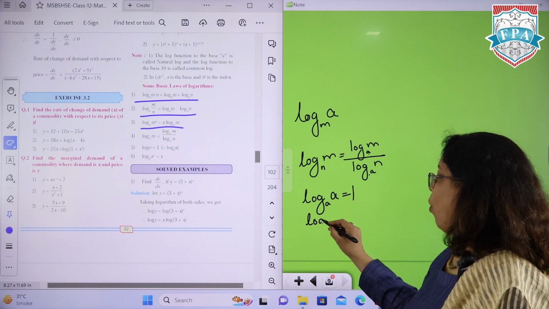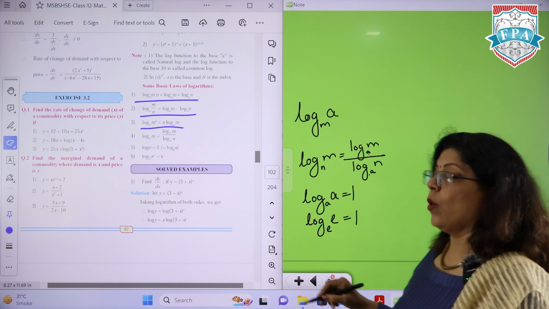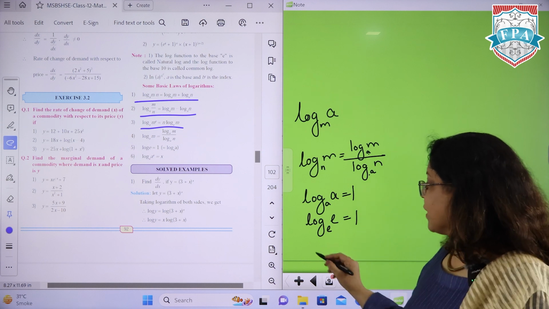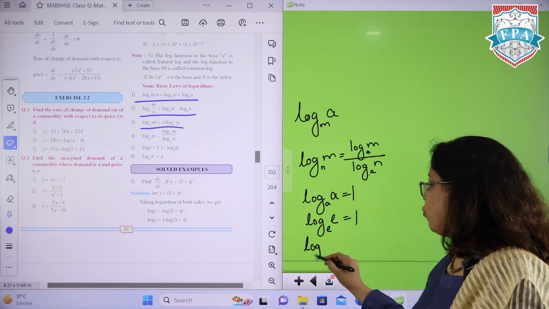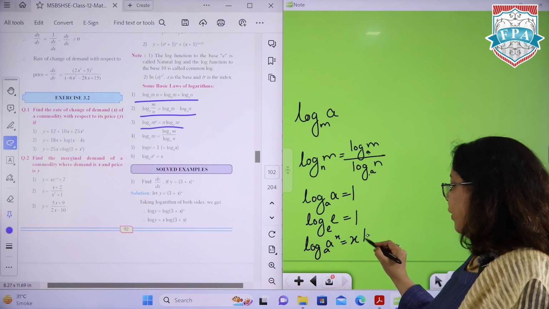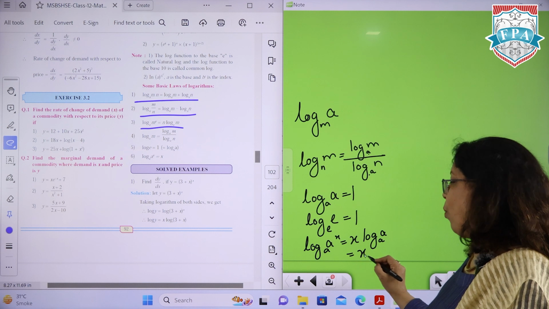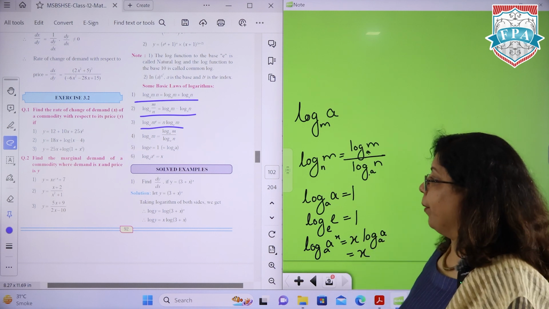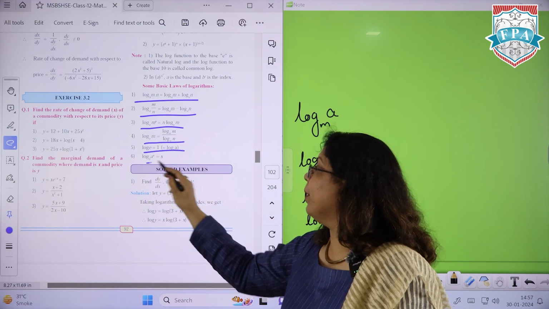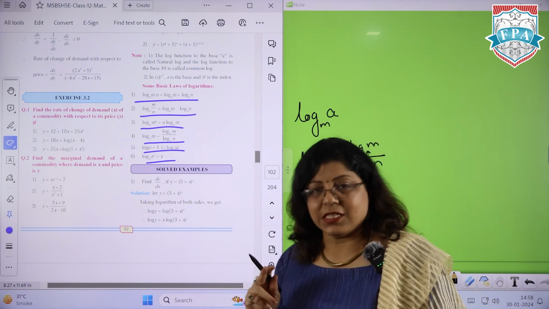So when we talk about log e, the natural base is also e over here, so it becomes 1. And log a to the power x to the base a becomes x, because we are using two rules over here. First, the power law, x log a to the base a, and log a to the base a becomes 1. So your answer is x. Now these are the basic logarithmic formulae which you need to know before we move to the next exercise.